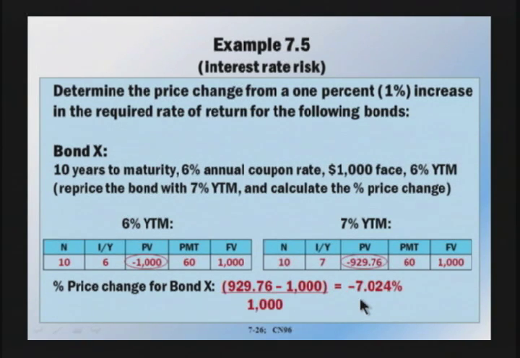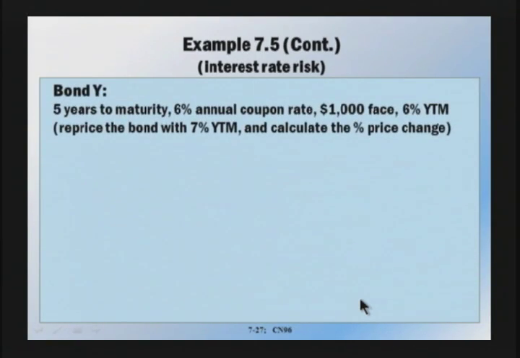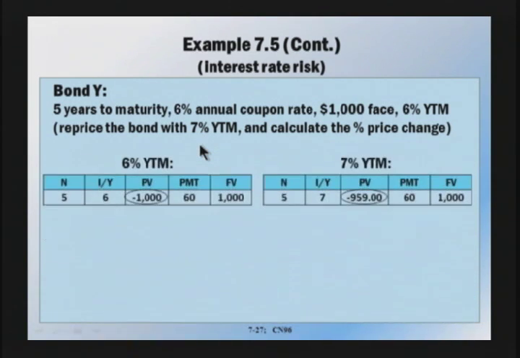Now, bond Y is identical to bond X, except that it has a maturity of only 5 years. It has the same 6% annual coupon rate and is priced at 6%, and then that yield increases to 7%. So initially, this bond sells for its $1,000 par value when the yield is equal to the 6% coupon rate.